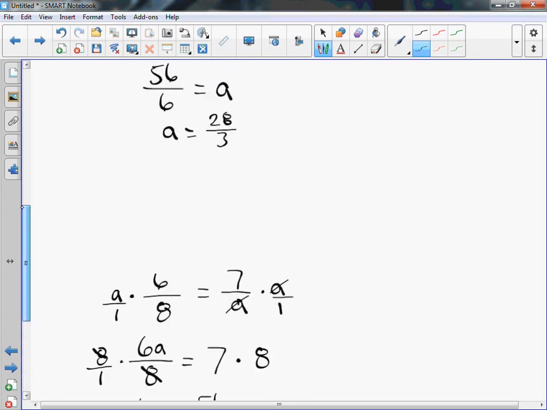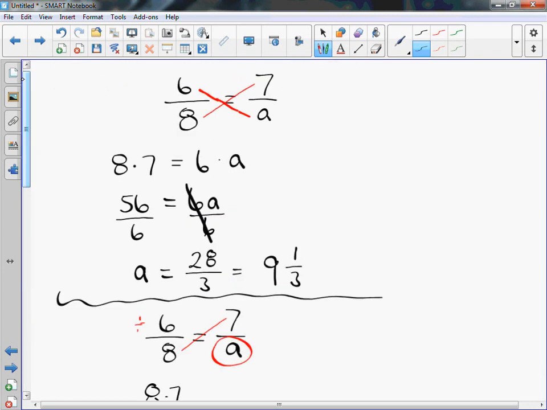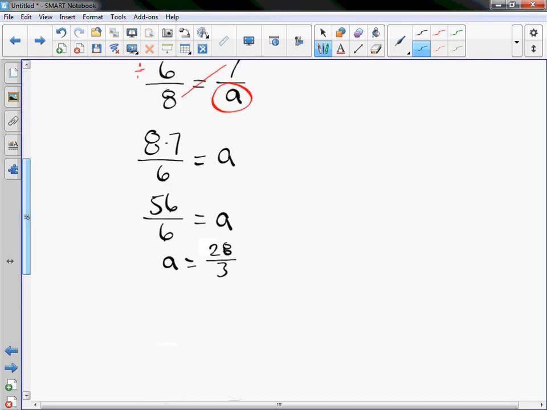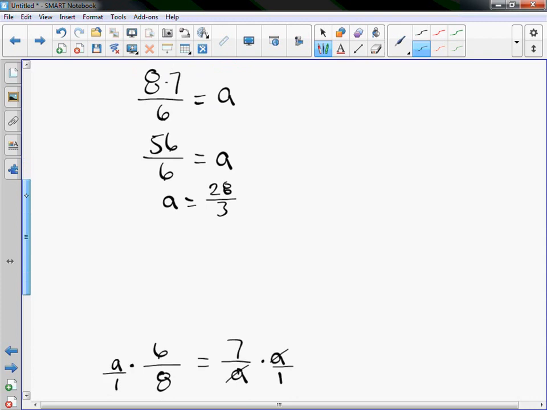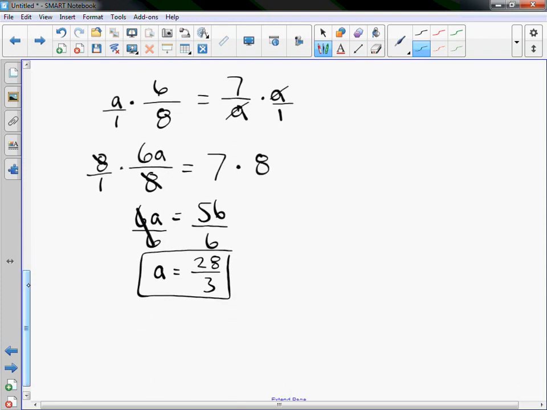Now, one note I want to make is that when you decide to do either of the top two, cross multiply or cross multiply divide, one thing that some students get hung up on is this situation. They'll get cross multiplying confused with the multiplication of two fractions.